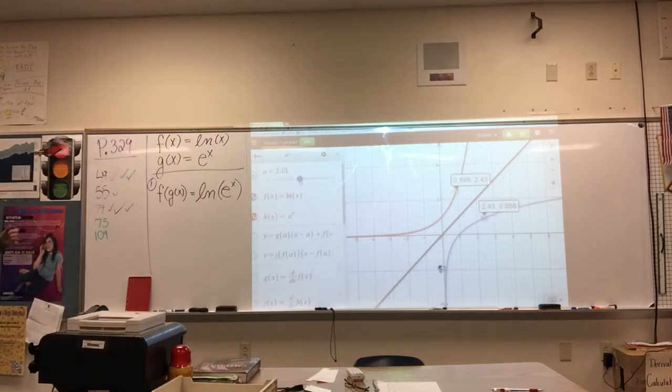All right, can we clean this up in any way? We know anything about logs? Natural log of e to the x.